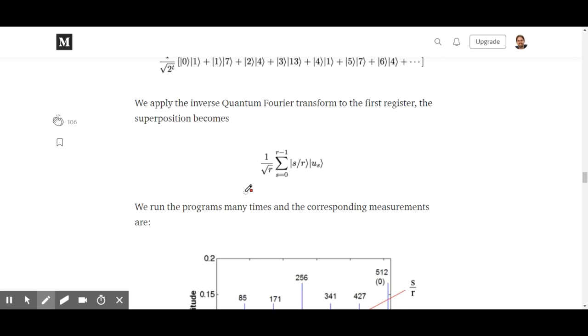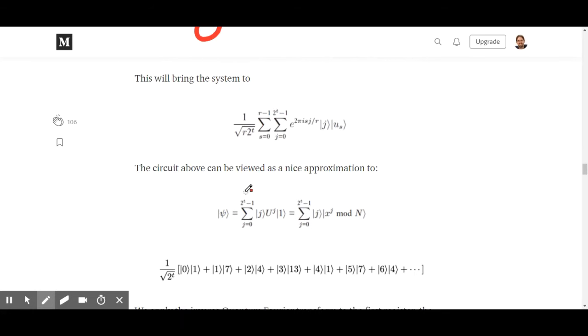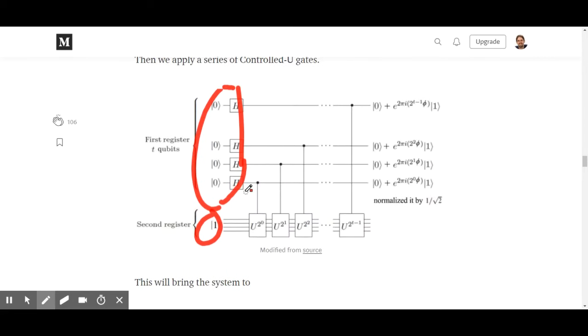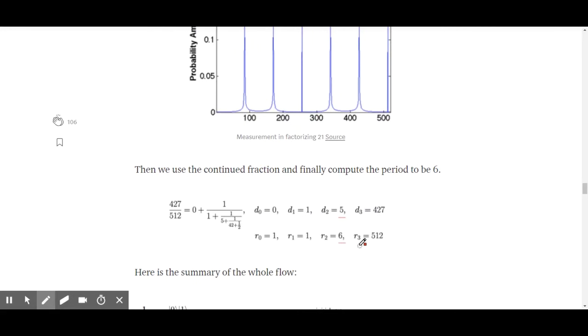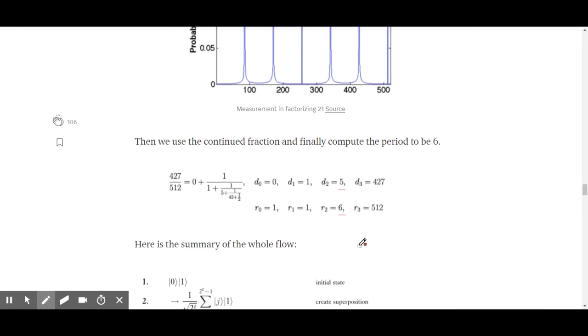The superposition comes. Okay, but this is skipping this right now, which is what I want to know. Then we use the continued fraction algorithm and the computed period is 6.